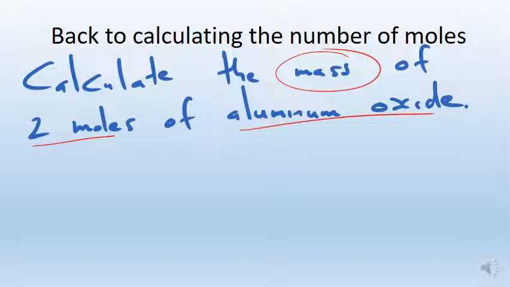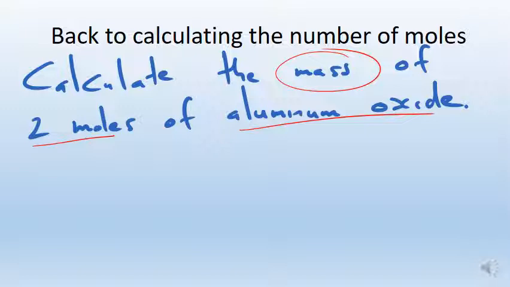Many a time I see students read the question and then start plugging stuff into a formula, and suddenly in the middle of the calculation, you ask the question, what am I solving for? It's equivalent to getting into a car, driving for about 150 kilometers, and then suddenly asking yourself, where am I going? So you got to get some direction right at the beginning.